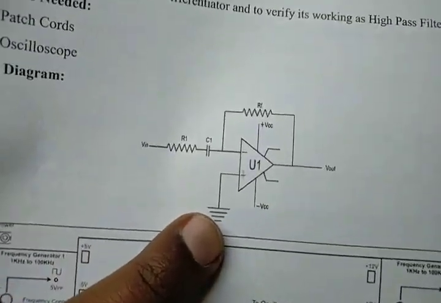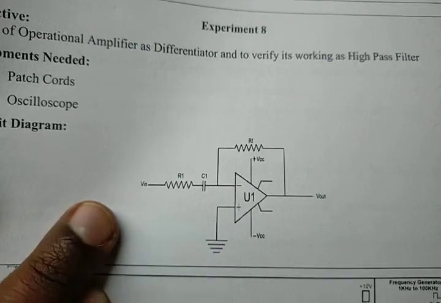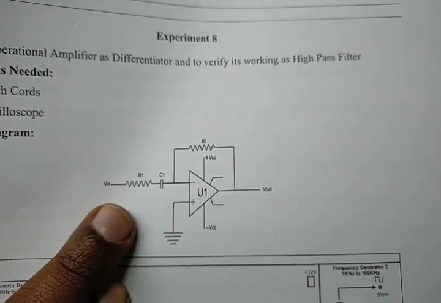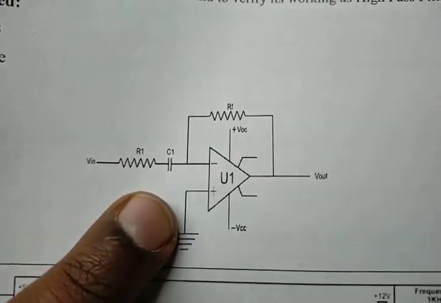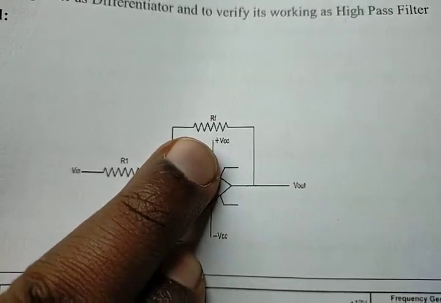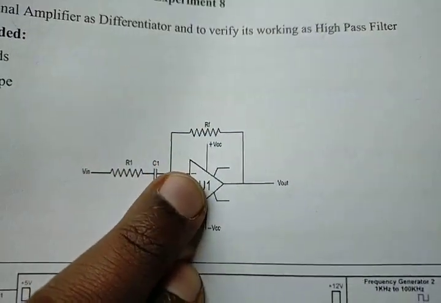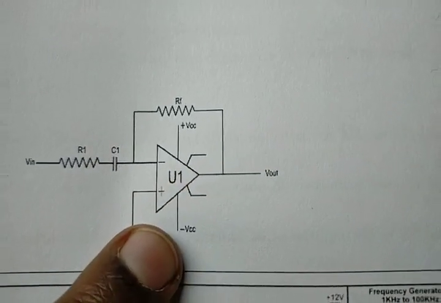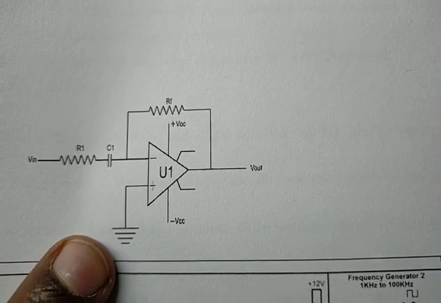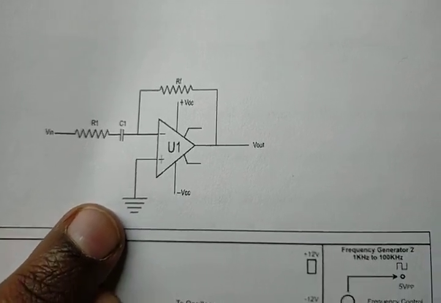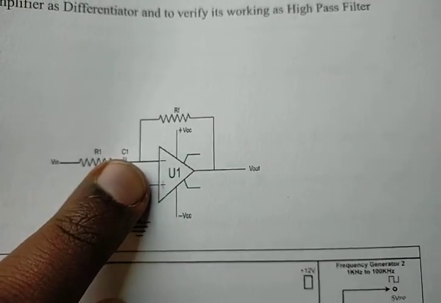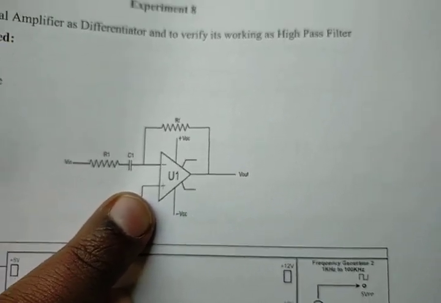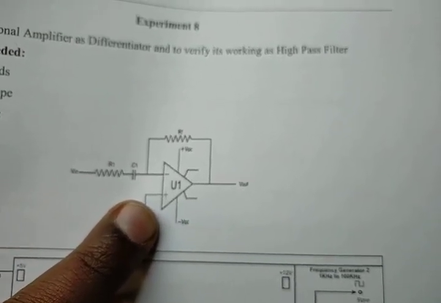Op-amp as differentiator. I have connected here R1, C1, and here we have RF. RF is the feedback resistance, and here we have U1 op-amp. It has an inverting input and a non-inverting input.